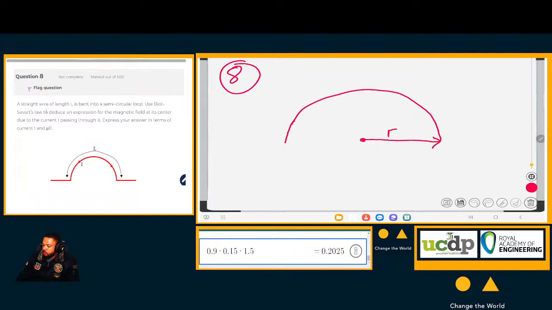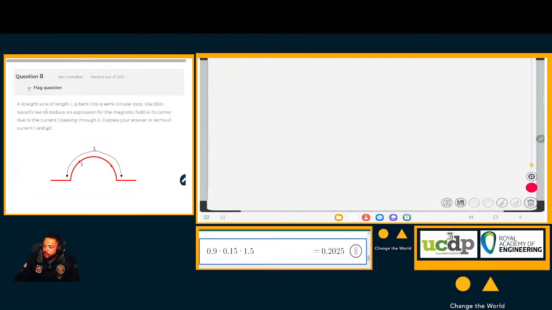So the length of a semicircle is pi r. So its length is equal to pi r. Therefore, r is equal to the length divided by pi.